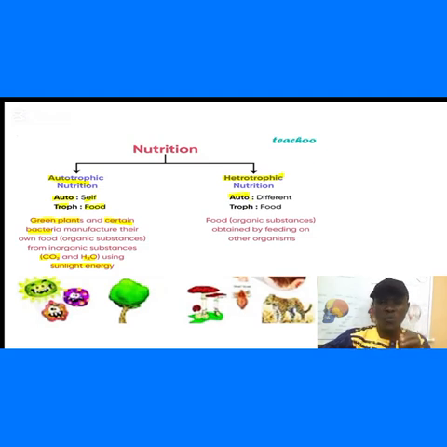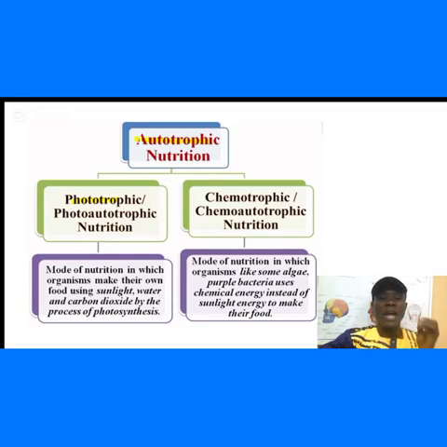The heterotroph, they feed on already made food that are being prepared by the autotroph is what they feed on. They don't have this ability to produce their own food. So since they don't have this ability to produce their own food, what they do, they feed on already made food by the.